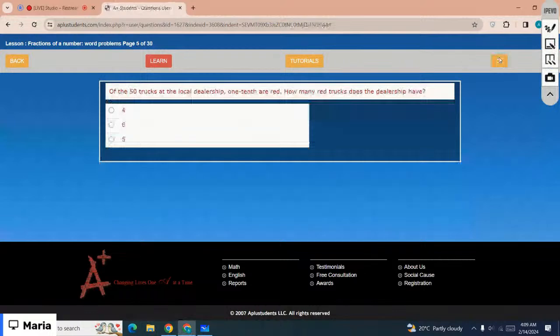Of the 15 trucks at the local dealership, one tenth are red. How many red trucks does the dealership have? So, which is the correct option?